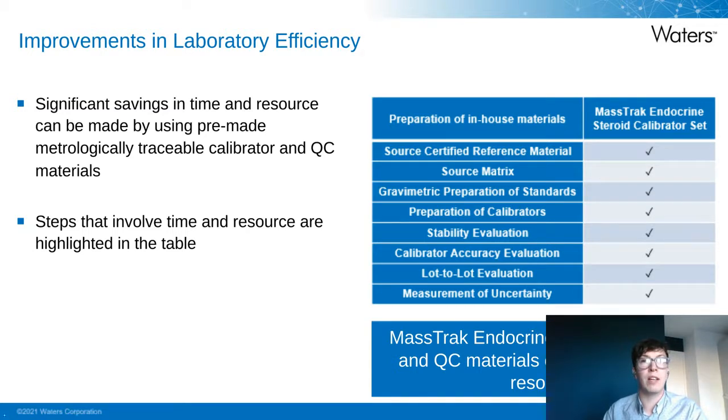Gravimetric preparation of standards obviously is no longer required, and calibrators no longer need to be prepared because the MassTrak Endocrine Steroid Calibrator set is already provided. And in addition, the stability, accuracy, and lot-to-lot reproducibility of the product is covered, so this is taken care of. And finally, a measurement of uncertainty can also be provided too.